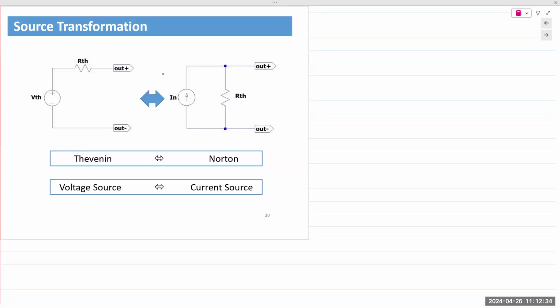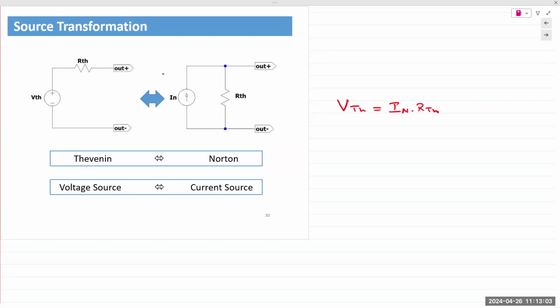The equation, of course, is given by Ohm's law. VTH is IN times RTH. And that's it. That is source transformation. You can convert a voltage source into a current source and a current source into a voltage source if those conditions are met.